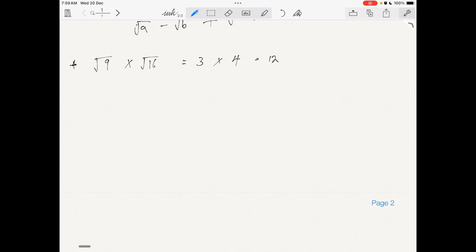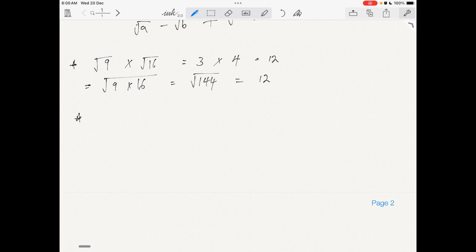If we follow the laws of surds, this can also be root of 9 multiplied by 16, and 9 multiplied by 16 is 144, and root 144 is 12. So whichever way we do, we arrive at the same answer.